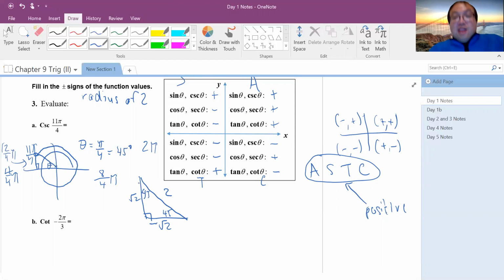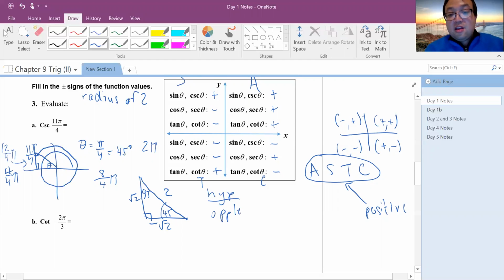So here now I am ready to then evaluate cosecant of 11 pi over 4. Now remember, cosecant is the reciprocal of sine. Sine was opposite over hypotenuse. So if I do the reciprocal, it's going to be hypotenuse over the opposite leg. So here, though, I'm going to say 2 over the square root of 2.